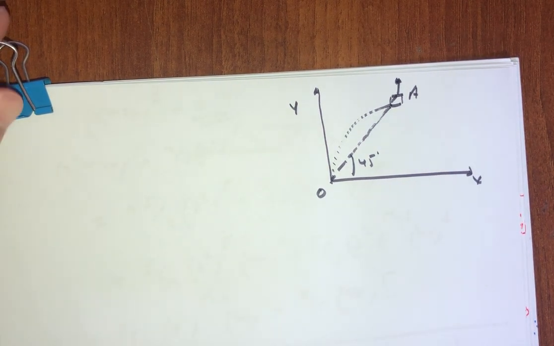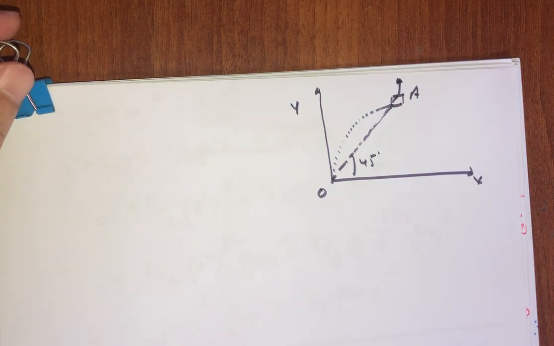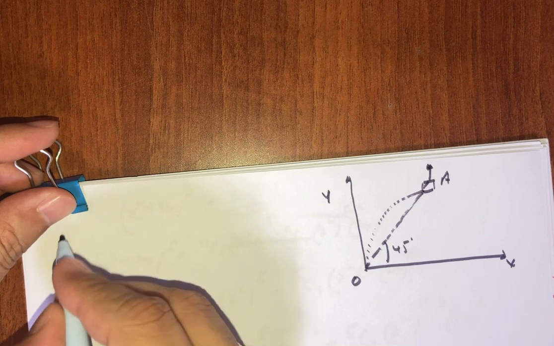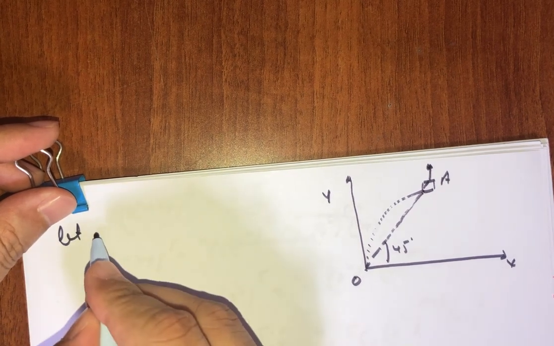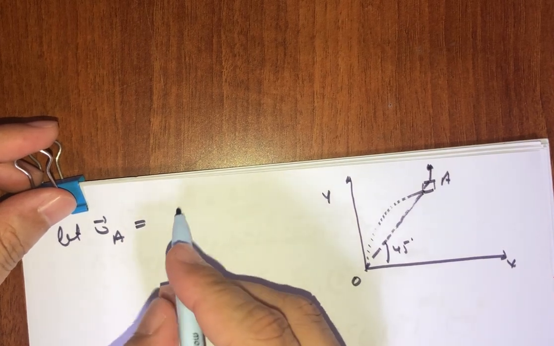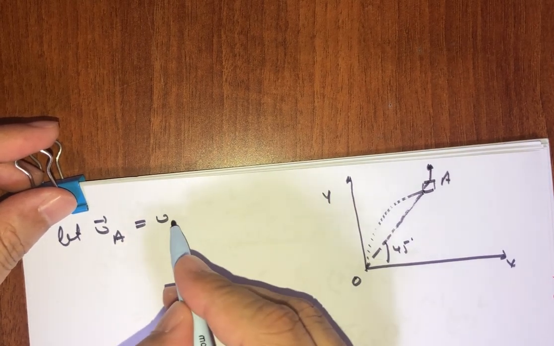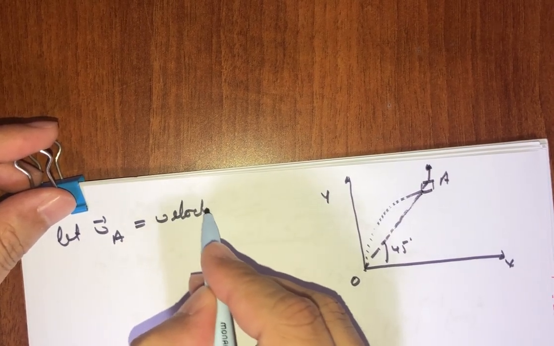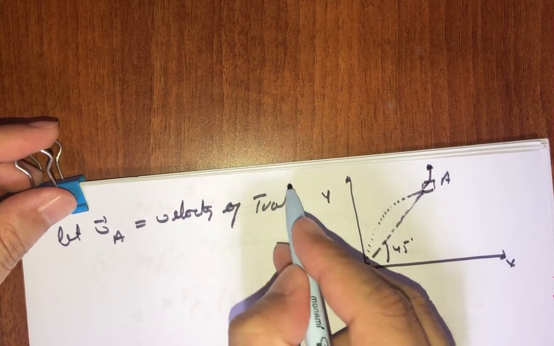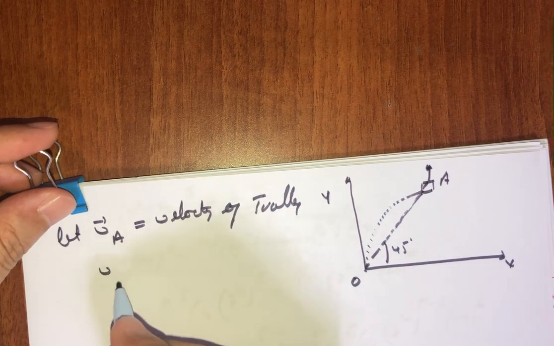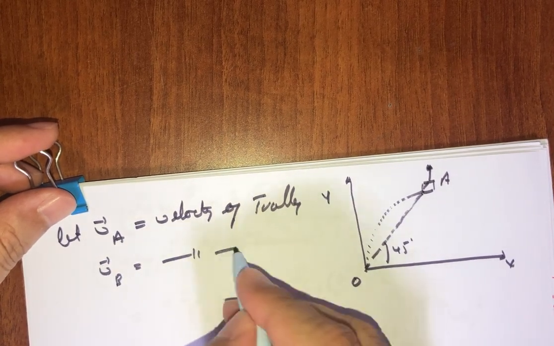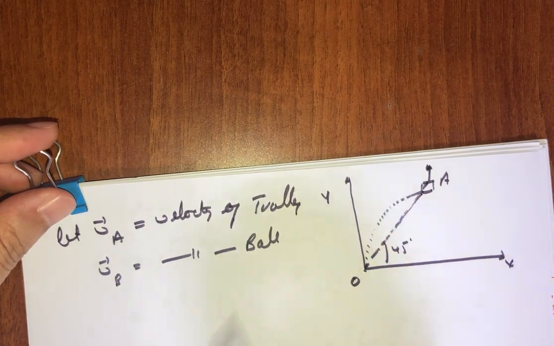So let VA be the velocity of the trolley and VB the velocity of the ball.